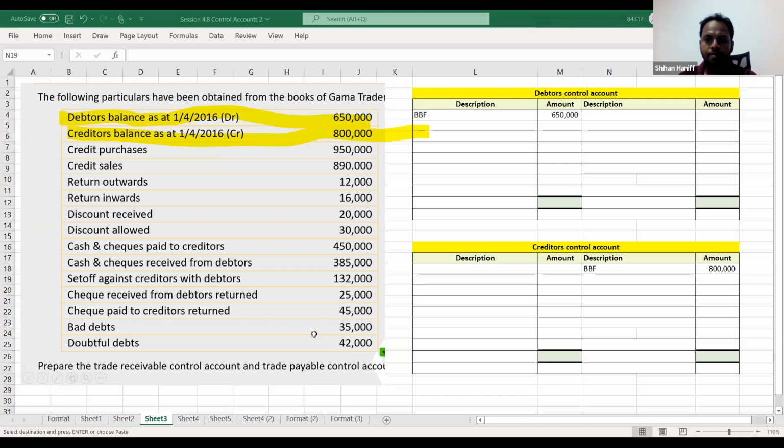Credit purchases 950,000, credit sales 890,000.